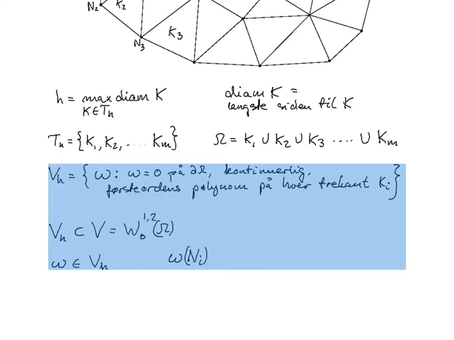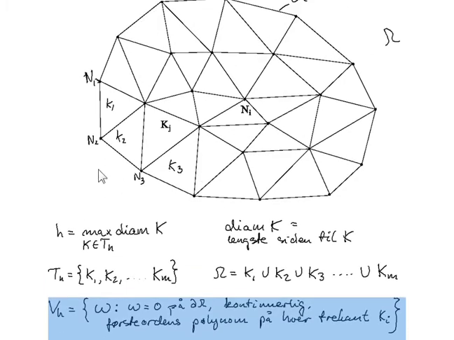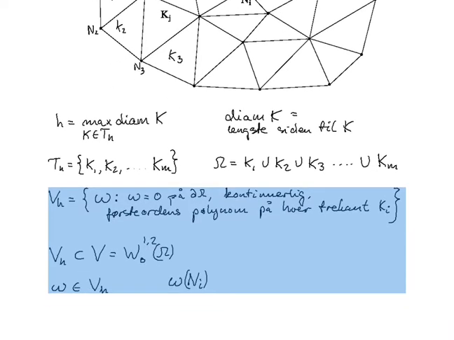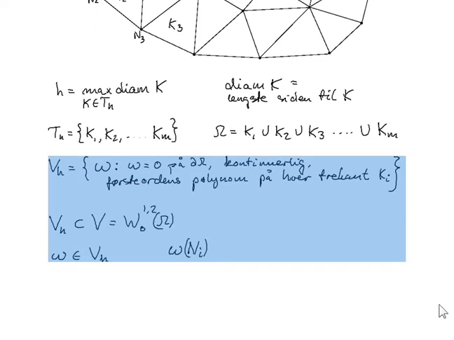So if the triangulation is like this, that we have only triangles, not other kinds of polygons, then it's natural, or we will at least assume that the functions are linear on each of these triangles, just for simplicity. But they could be second order polynomials, third order, and so on.